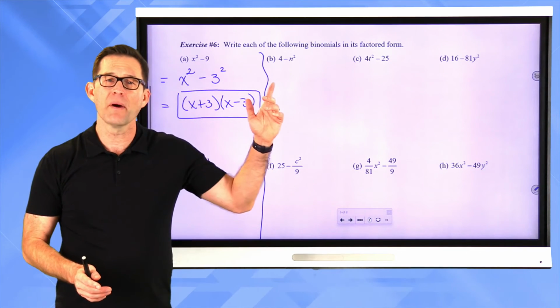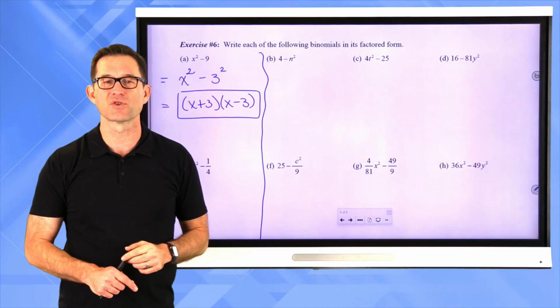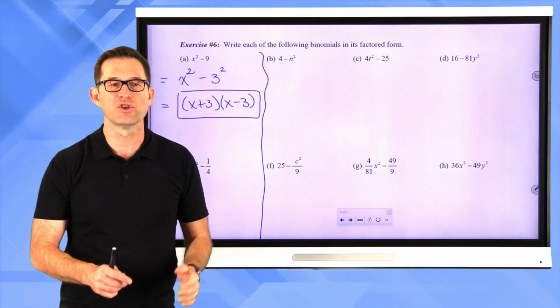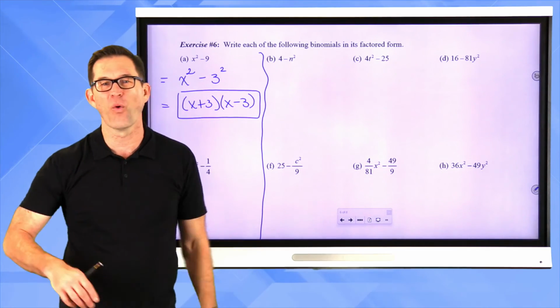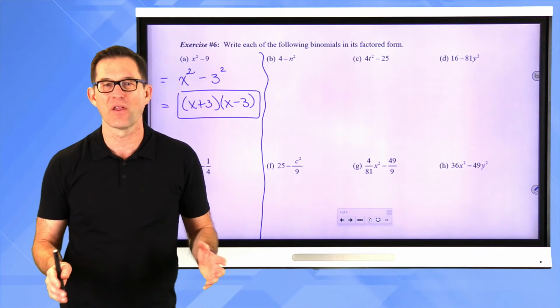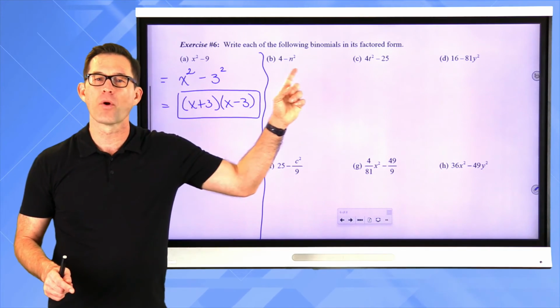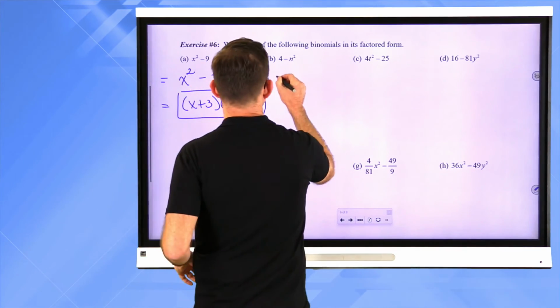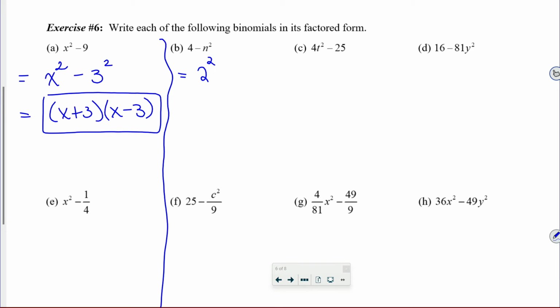Now, you might look at something like 4 minus n squared and think, oh, n plus 2 times n minus 2, because I see a 4, I see an n, I see a subtraction, all of that. But keep in mind, right, 4 minus n squared can be thought of as 2 squared minus n squared, and then that's going to be 2 plus n times 2 minus n.